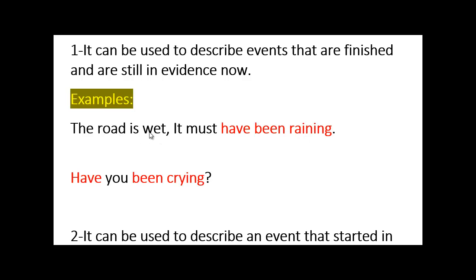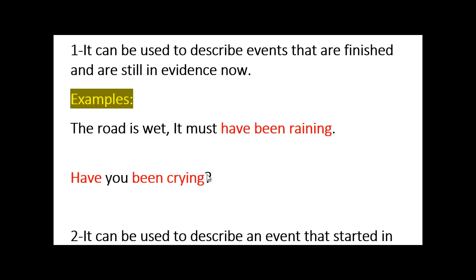Because the road is wet, it must have been raining. Have been raining. The structure for the present perfect continuous. How do I know it? Have and been, present perfect continuous, raining. You got that? That's the formula for the verb. And the road is wet, it's a proof of it.